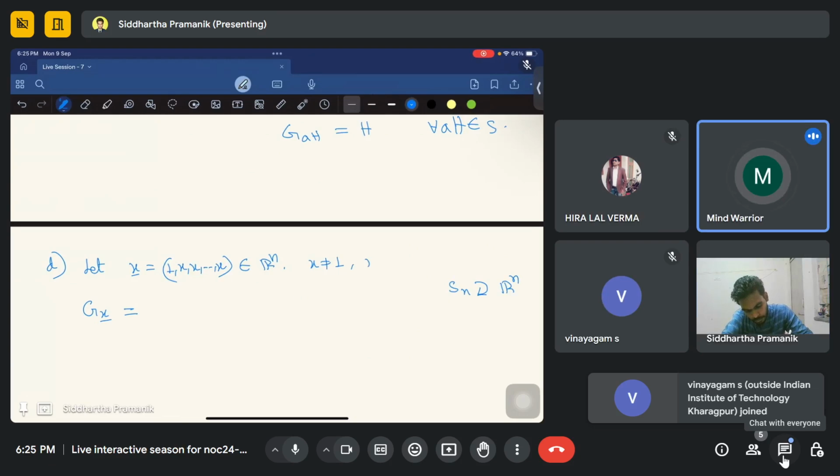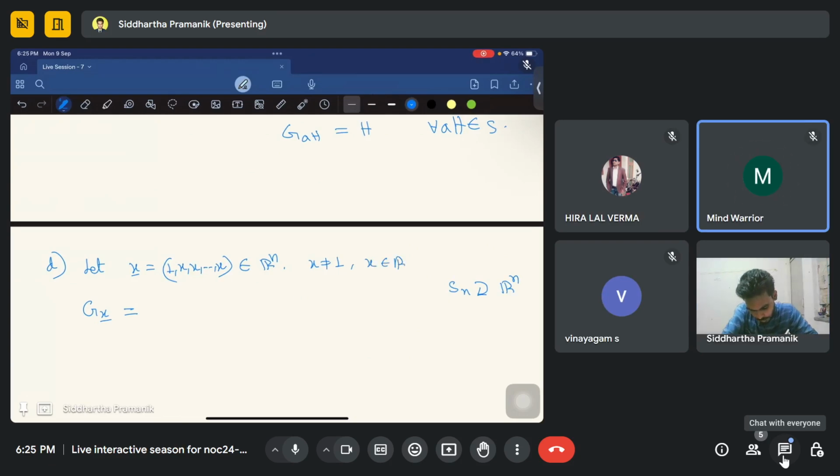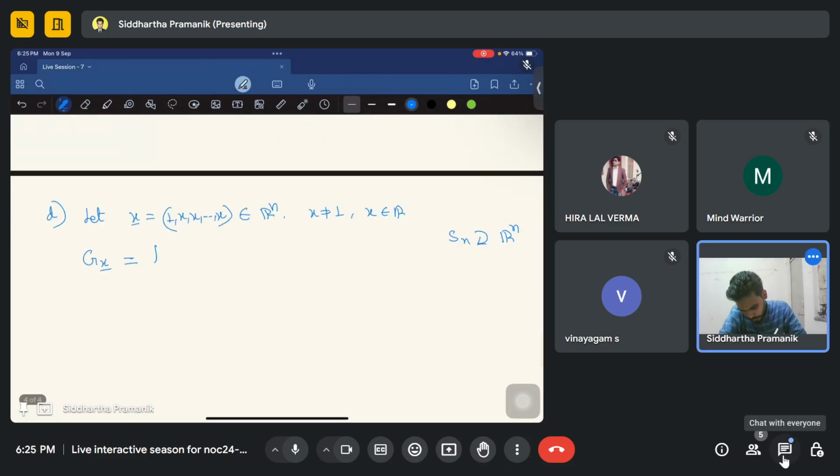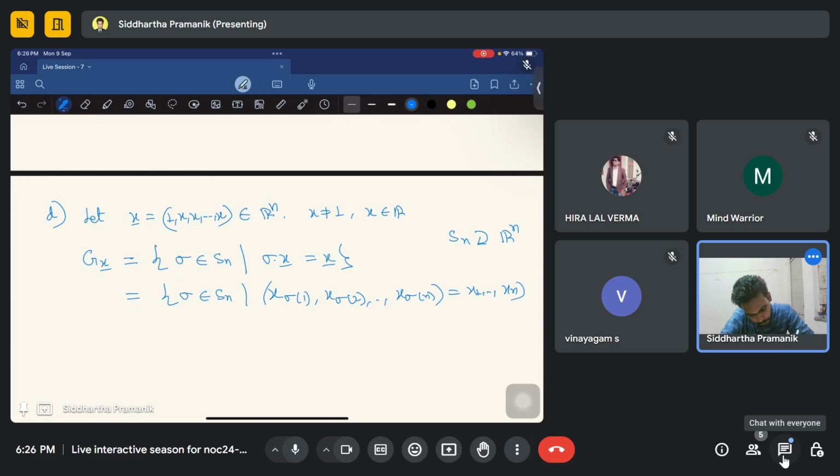The permutations which fix x. Yeah, you are correct. So by definition, it is sigma belongs to Sn such that sigma dot x is the same as x. So that means sigma belongs to Sn such that x sigma 1, x sigma 2, up to x sigma n is the same as x1 up to xn.